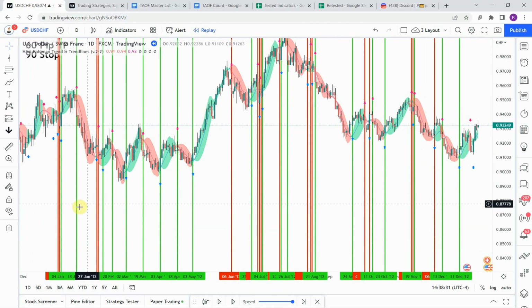So we have 37 trades all together, and we have 20 winning trades.